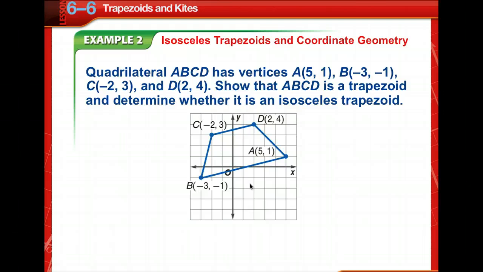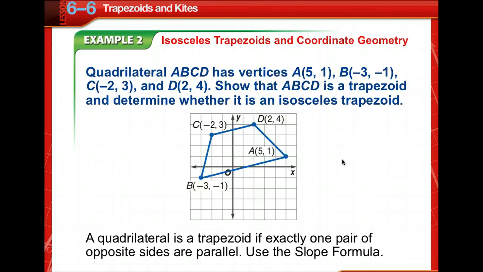Now you can use coordinate geometry to determine whether a trapezoid is an isosceles trapezoid. So take just a moment and jot down the information that's given and sketch your graph so that you'll be able to follow along as we work the problem. A quadrilateral is a trapezoid if exactly one pair of opposite sides are parallel. So we're going to use the slope formula.